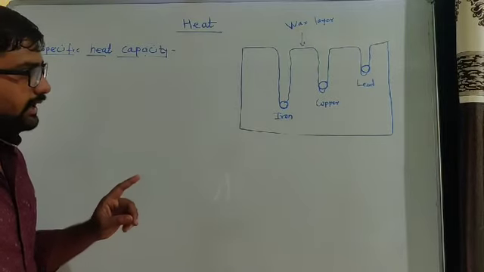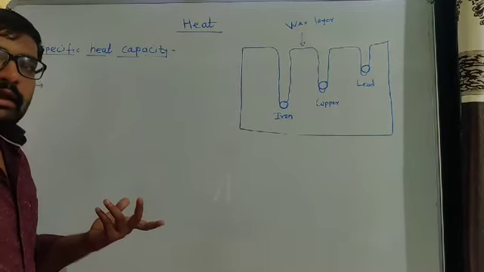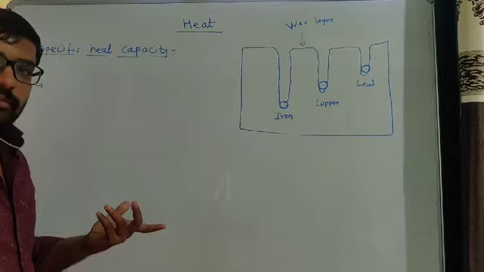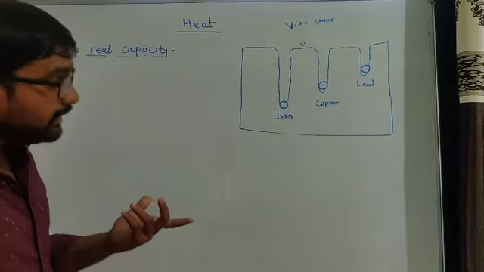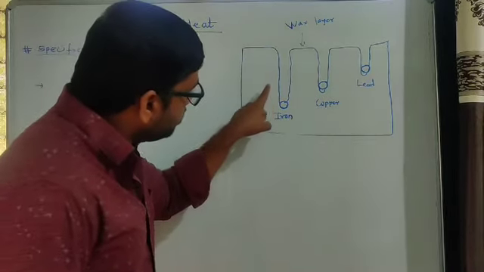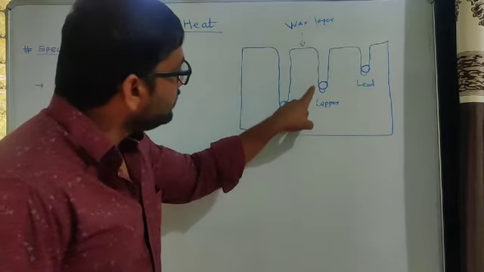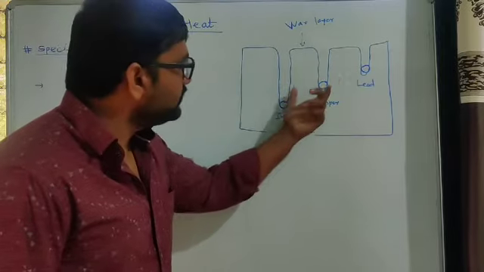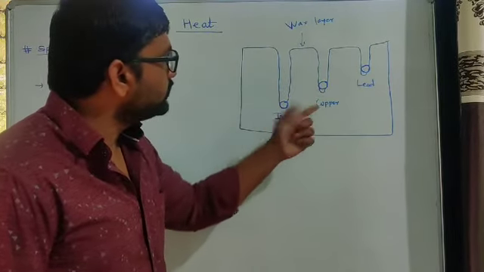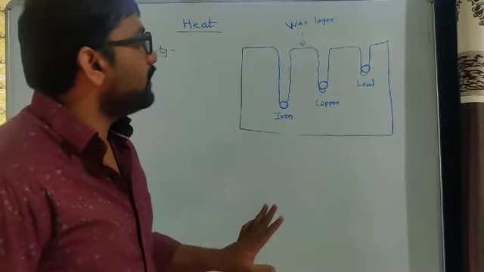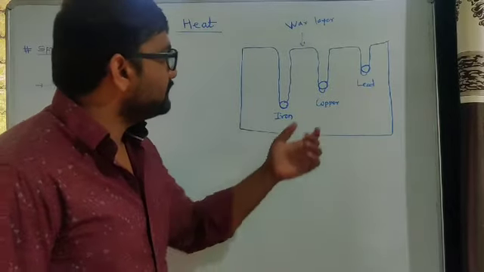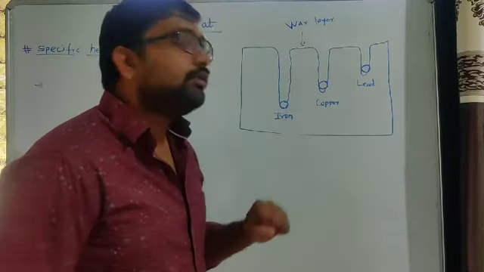If it were equal, then we may say the heat they absorb is equal. But here we see that the iron ball goes most deep, the copper ball is in an intermediate state, in the middle of the two balls, and the lead ball is much less deep compared to the iron and copper balls.